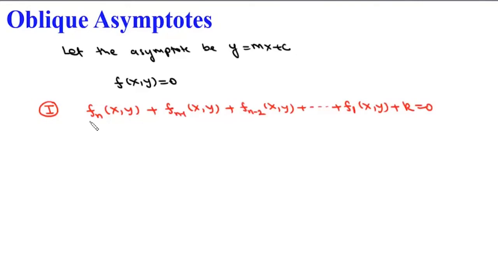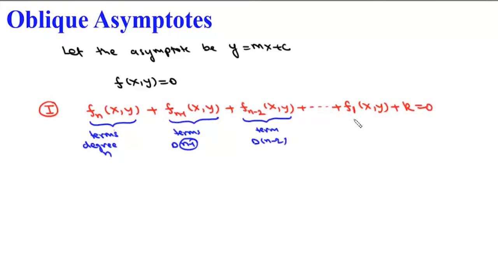Now this f_n(x,y) contains all the terms whose degree is n. In the same way, f_(n-1) contains all the terms with degree n minus 1. Here, all the terms with degree n minus 2. These terms will have degree 1, and this is simply our constant term.